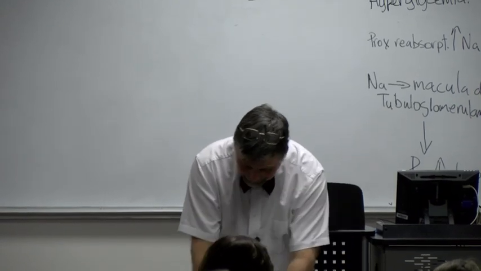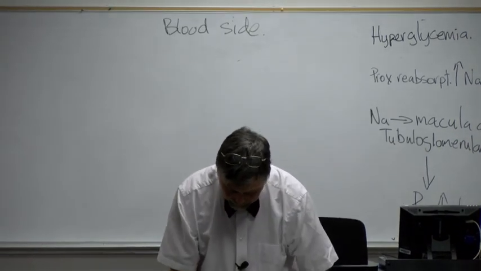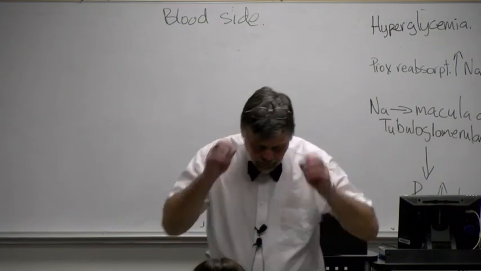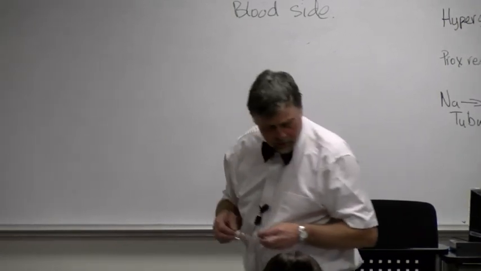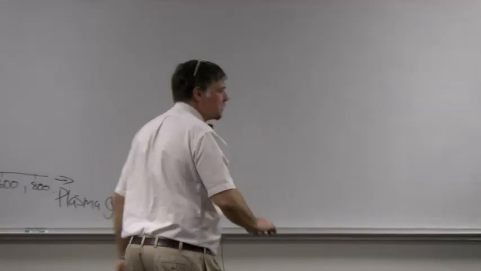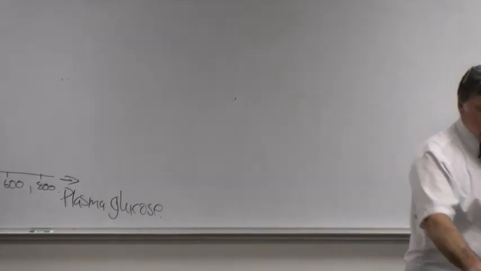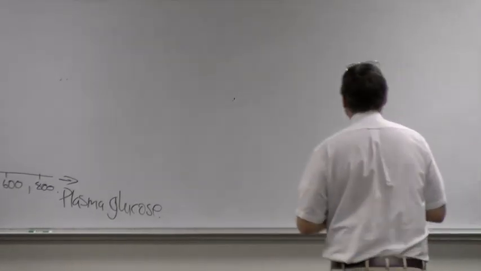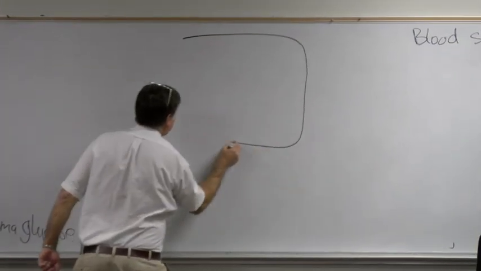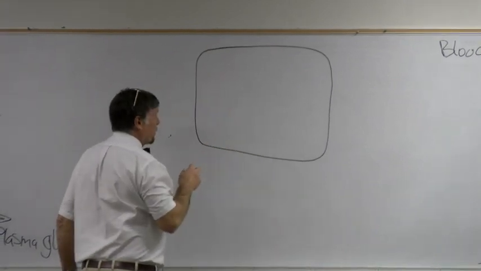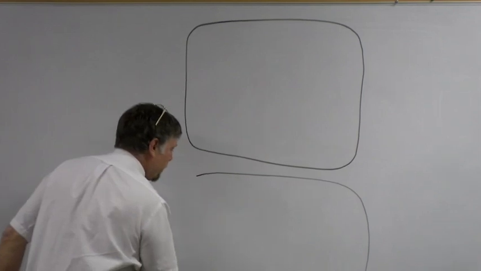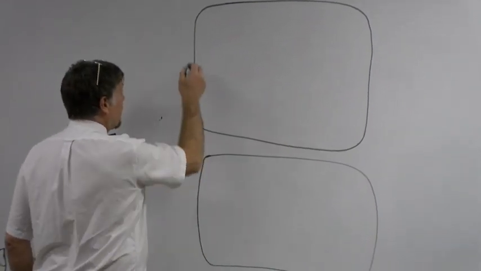Okay, so let's flip the page. There's really not much in Costanzo on this, but I wanted to talk about glucose transport. What I'm going to do here is, this is the proximal tubule early, and this is late in the proximal tubule.